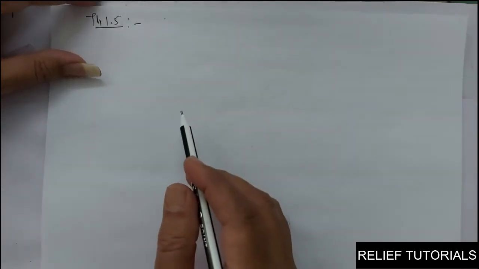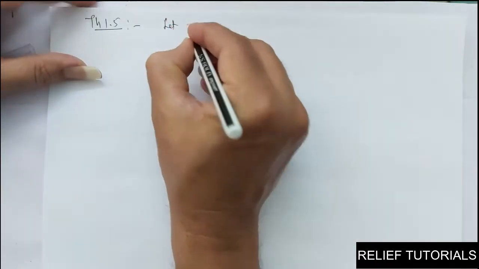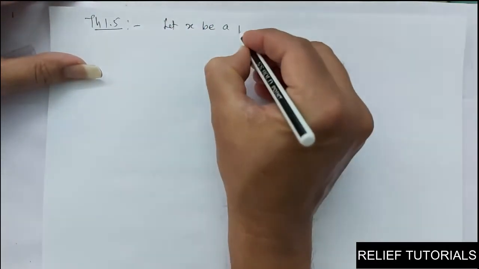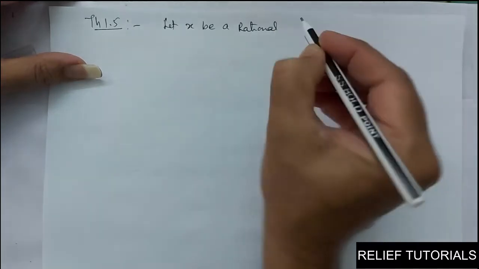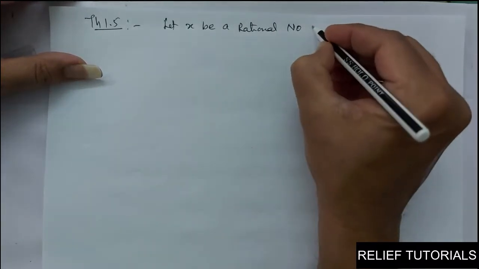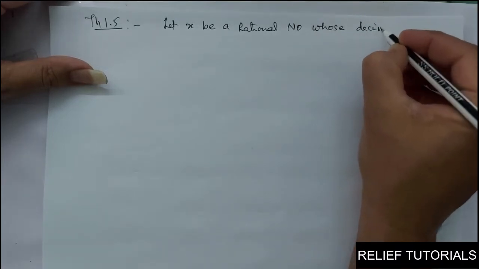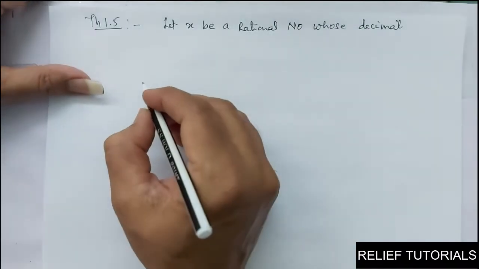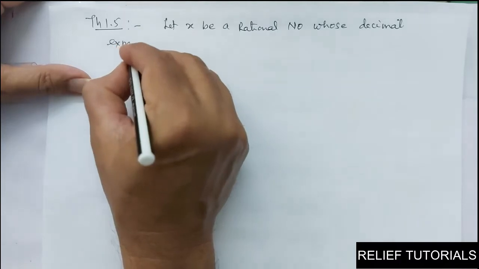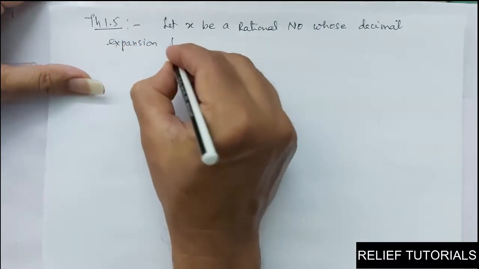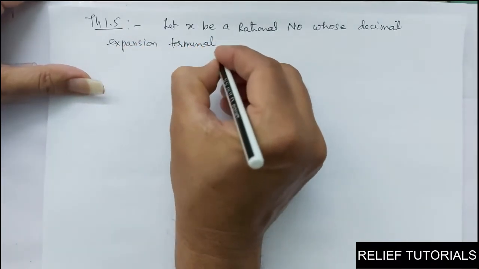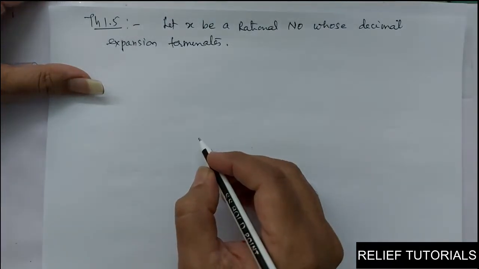So we can say that let x be a rational number whose decimal expansion terminates. Decimal expansion terminates means all terminating decimals.